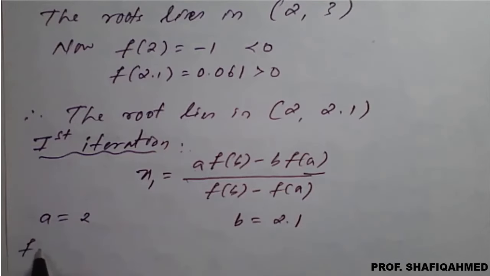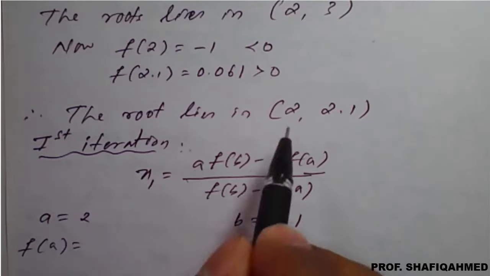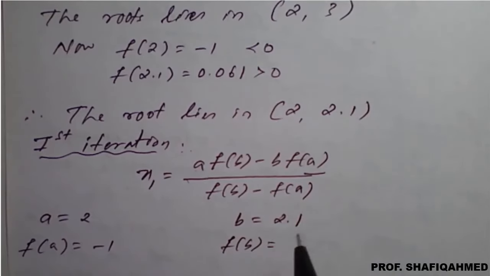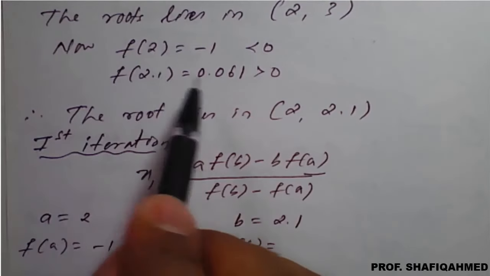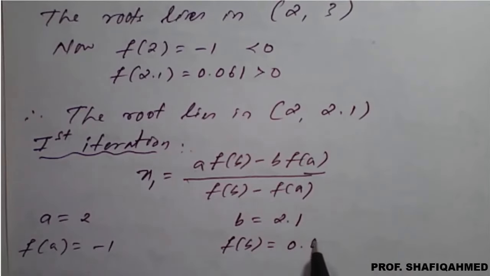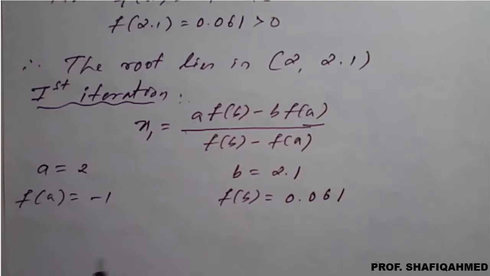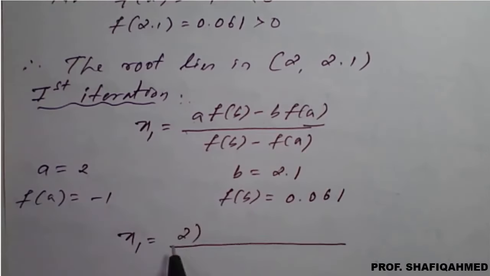So f of a, that is f of 2, is minus 1, and f of b, that is f of 2.1, is 0.061.